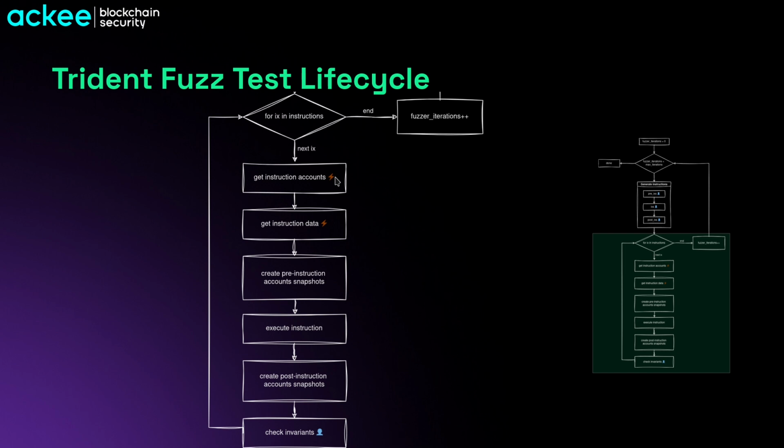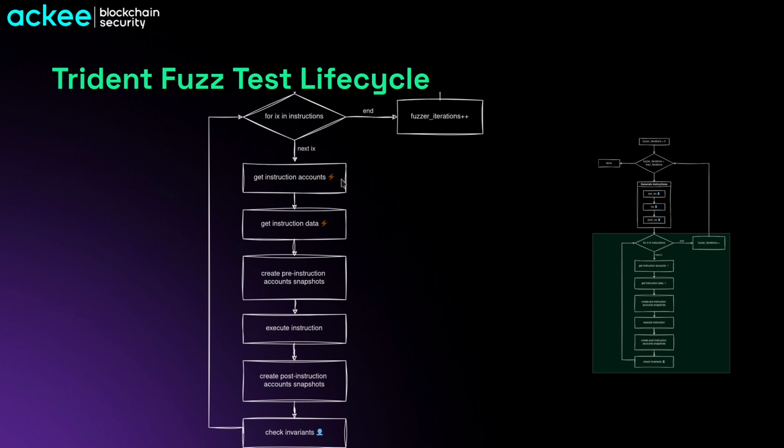In theory, it would be possible to generate random accounts here all the time, but in practice it is not feasible because the fuzzer would be simply stuck in most cases, as programs usually expect some kind of account that has either a defined structure, or a particular owner, or a specific address.